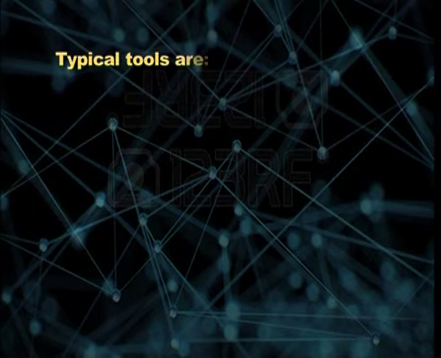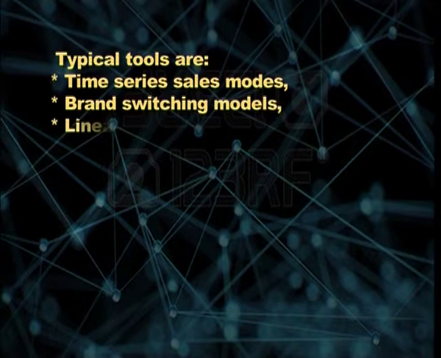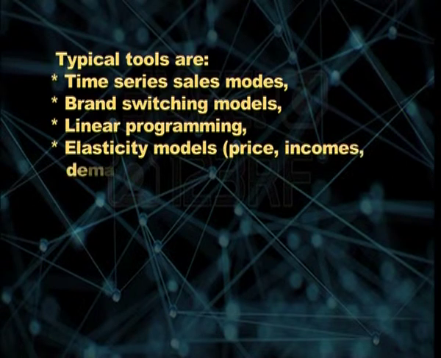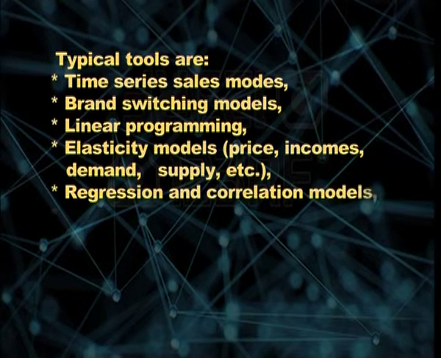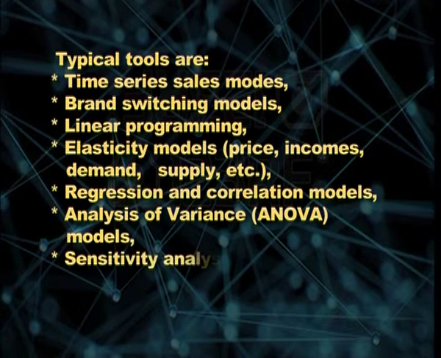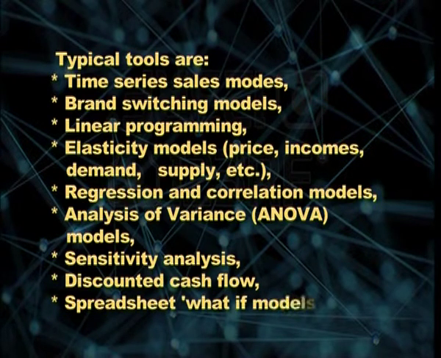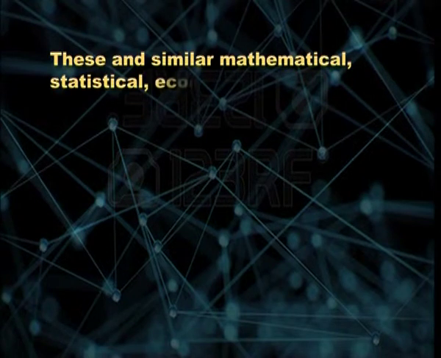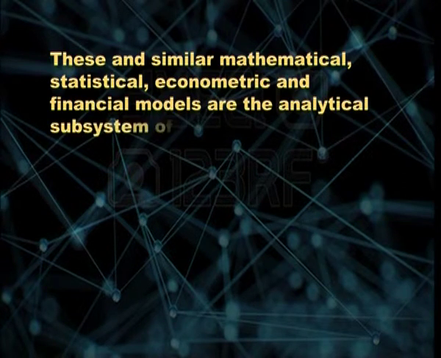Typical tools are time series sales models, brand switching models, linear programming, elasticity models, that is price, income, demand, supply, etc., regression and correlation models, analysis of variance models, that is ANOVA, sensitivity analysis, discounted cash flow, spreadsheet, and what-if models. These and similar mathematical, statistical, econometric and financial models are the analytical subsystem of the MIS.